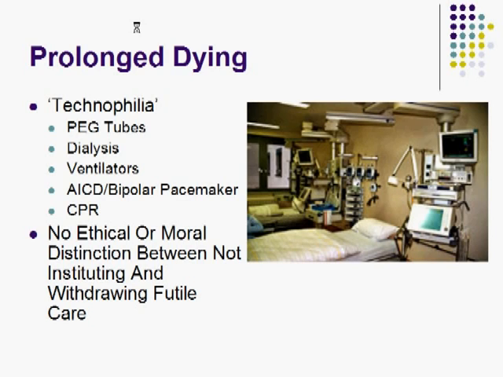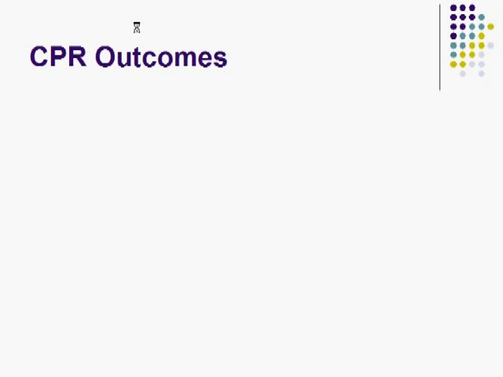We're talking about just one of these interventions, and that's cardiopulmonary resuscitation. The national organization that teaches how to do CPR also keeps statistics on CPR outcomes, and so I think it's important to see the data.